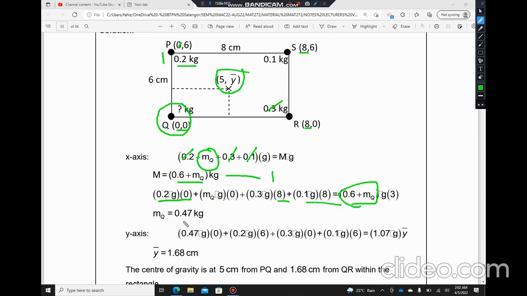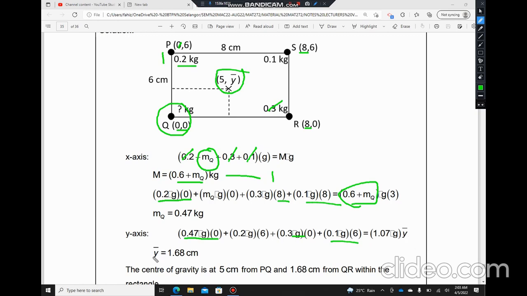Okay, so we do the same for the Y axis. For the Y axis, now that we have MQ as 0.47, we can substitute here as Q. So plus 0.2 is P and then 0.3 is R and then 0.1 is S. So it is equal to 1.07 G Y, because we already got this value.